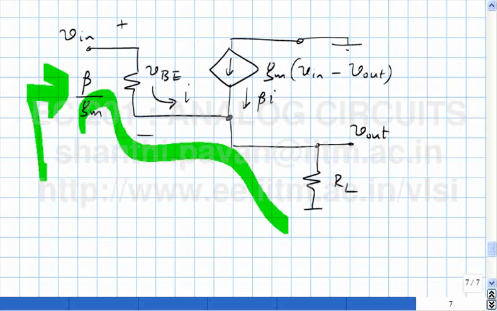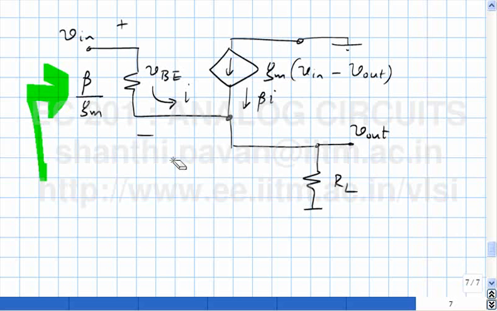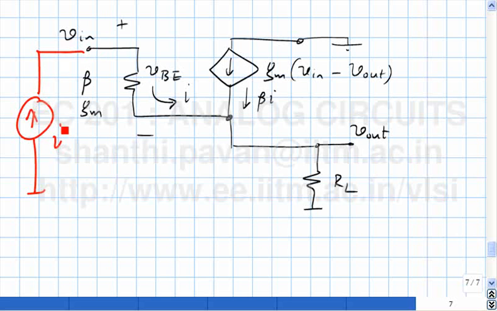Look here, stuff is in series. When things are in series, it's always easy to push in a current because the current will flow through all the branches. So let's put a test current source like this.